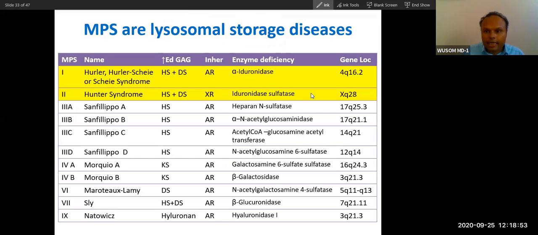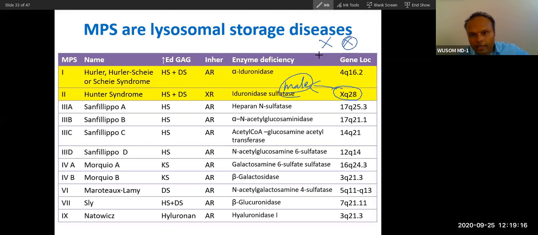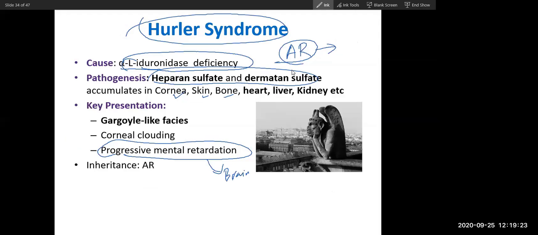But when it is X-linked, it will be present more in males. Males will have more X-linked disease because females have two X chromosomes. If one chromosome has a problem, the other chromosome is fine, so the female will be saved from the disease. Get that? Yes, yes. Thank you.